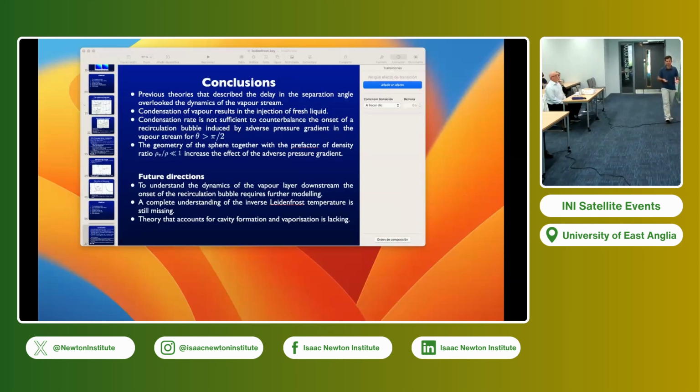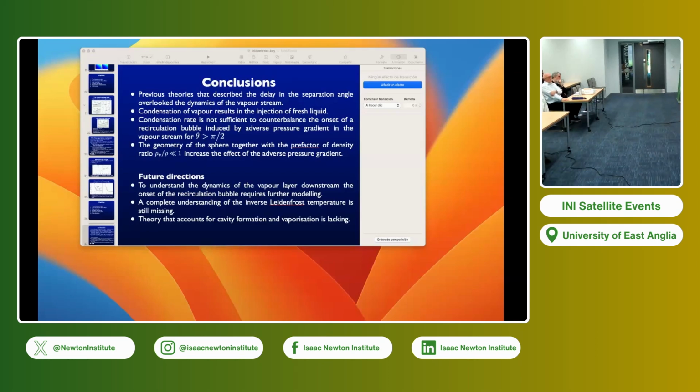We have reported this recirculation bubble, but what happens downstream is still far from being understood. Also, employing more complex numerical methods or direct numerical simulations is unfeasible because the thickness of these vapor layers is very small, and describing what happens downstream requires another modeling rather than boundary layer theory.